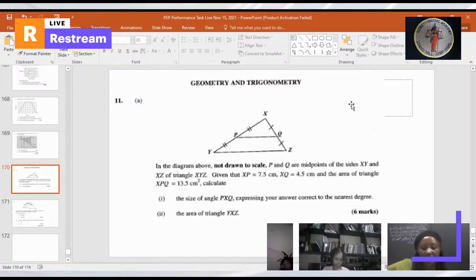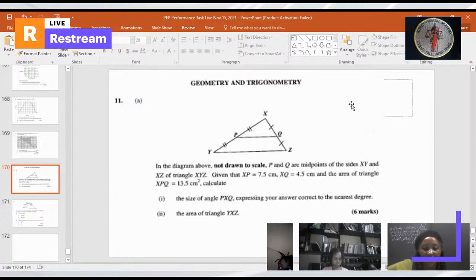In the diagram above, not drawn to scale, P and Q are midpoints of the sides XY and XZ of the triangle XYZ.